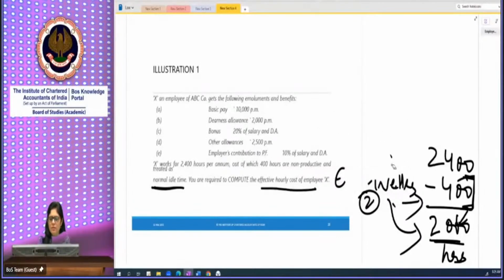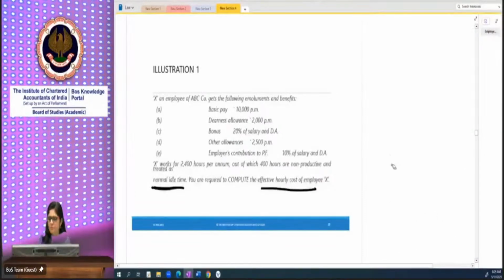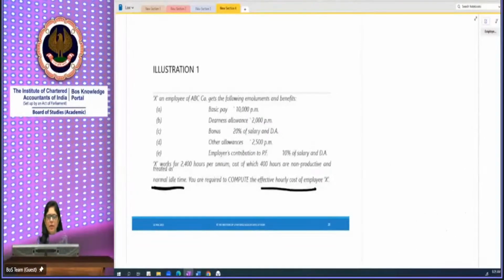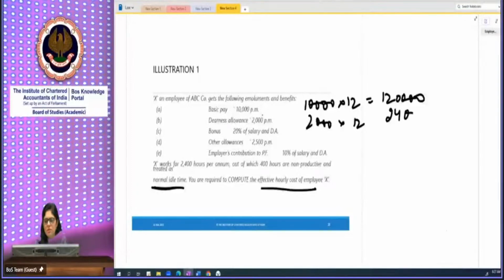Please start with the basic pay first. All right. So basic pay 10,000 per month, so it will be 10,000 into 12. Then DNS allowance 2,000 into 12. So 1,20,000 and 24,000. Please solve along with me. So total basic pay plus DNS allowance is 144,000.